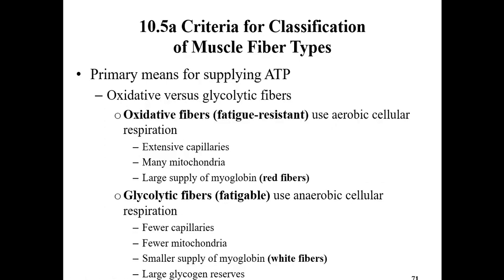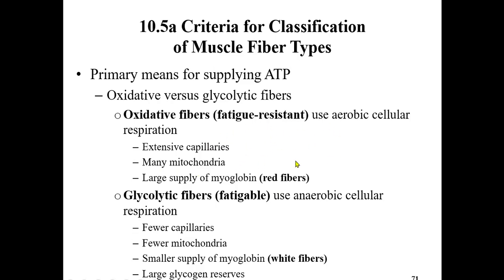Okay, next slide. Now what I just shared with you is now on this slide. So oxidative, that's going to be fatigue resistant. All right, so oxidative, fatigue resistant. Aerobic, having a lot of myoglobin. And since it has a lot of myoglobin, it's going to be red, a lot more mitochondria.